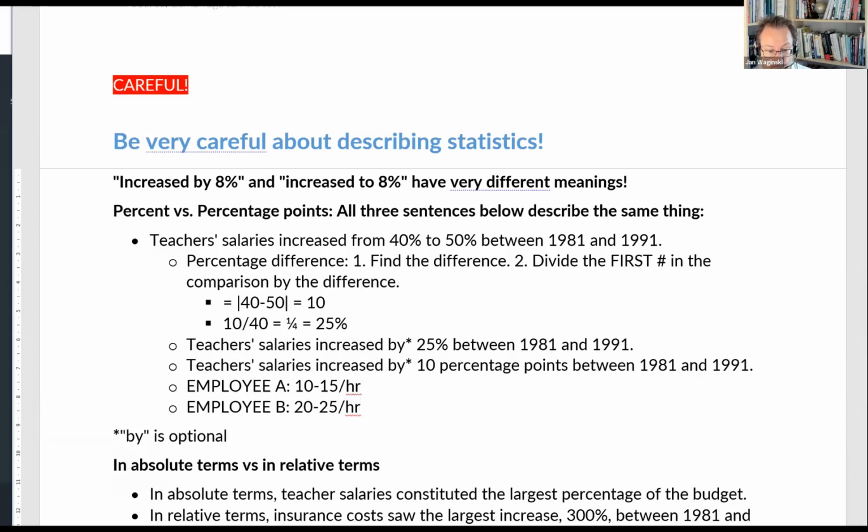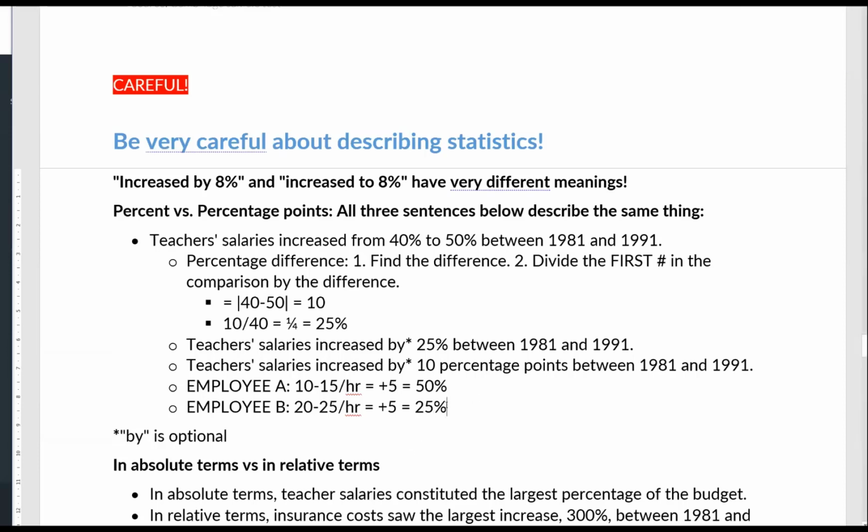In absolute terms, when we say percentage point, this is in absolute terms, they both received $5 more per hour. So you don't get a meaningful comparison if you only use the absolute numbers. If you do the calculation, it's 50%, a massive salary increase, and this one is 25%.